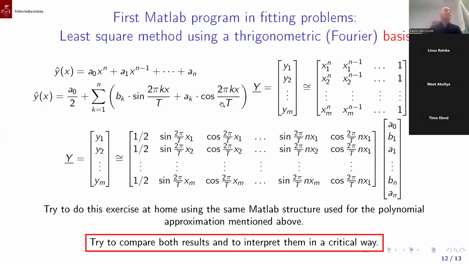Even though here the number of coefficients is 2n plus 1, and here it is just n plus 1, not necessarily are the coefficients which we need to approximate data larger than this one. Why? Because this is an optimization process.